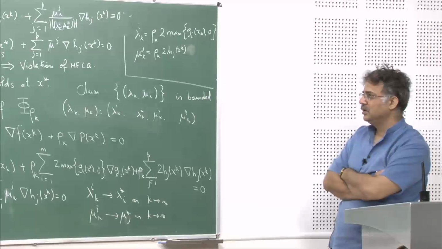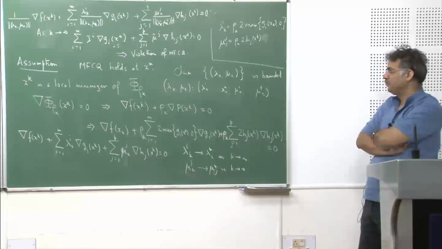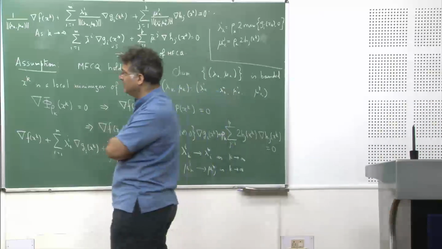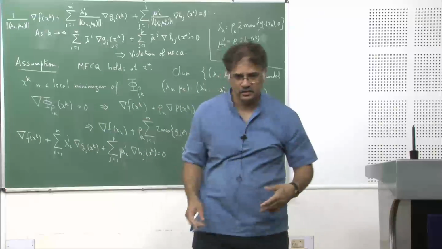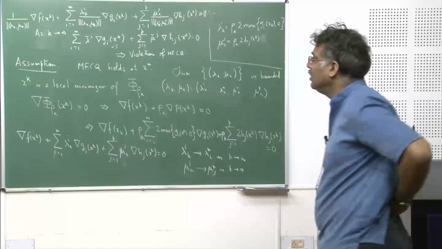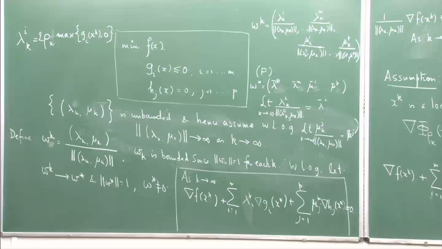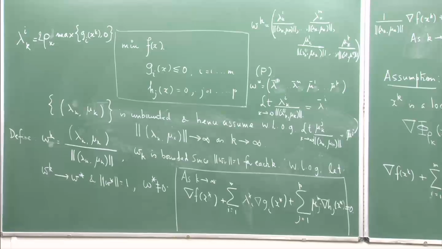Suppose I assume that rho_k is unbounded, then things can get out of track, because there is a subsequence among rho_k whose norm is going to infinity, which immediately means that the corresponding subsequence among the lambda_i^k will go to infinity, right.